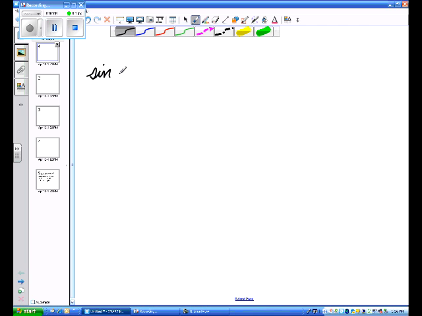And so we have the sine of A plus B, angle A plus B. And most of your trig books have where these are proved, and so if you want to see how they're derived, you can look there, but I'm not going to take the time. It's a little lengthy.